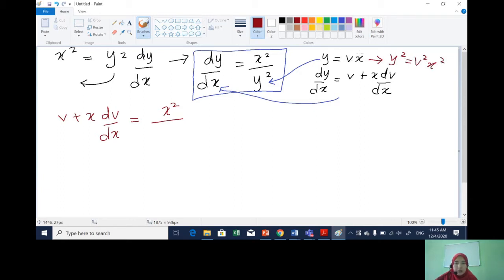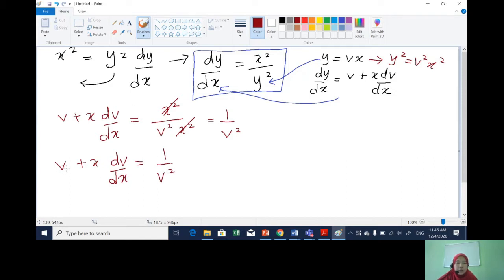So everything here must be raised to the power of 2. So here we have v squared x squared. You see that we can do cancellation here, so it can be simplified to 1 over v squared. So I'm going to write down again: v plus x dv over dx is equal to 1 over v squared.